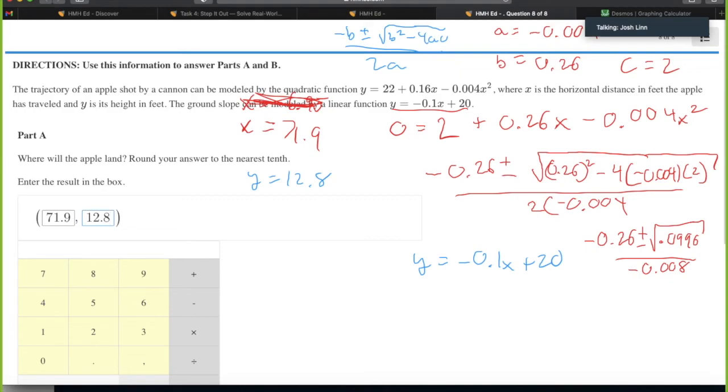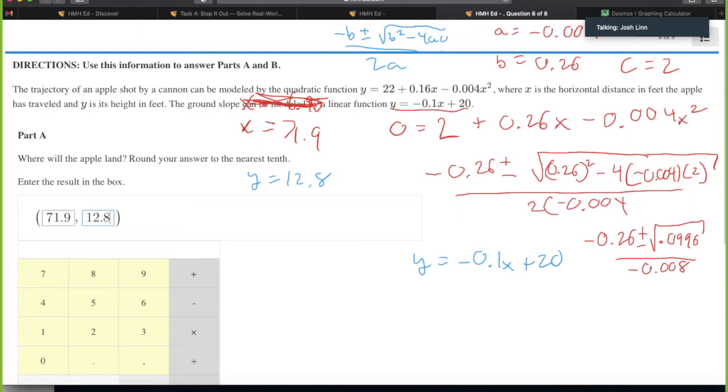Let me double check the answer just to make sure I'm not steering anybody wrong. The apple lands at 72.5 feet away and 9.2 feet lower than the place where it was launched, since it started at a height of 22.